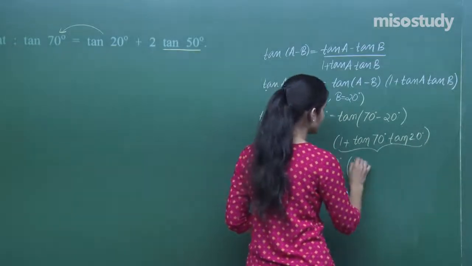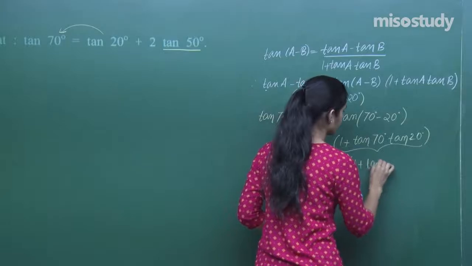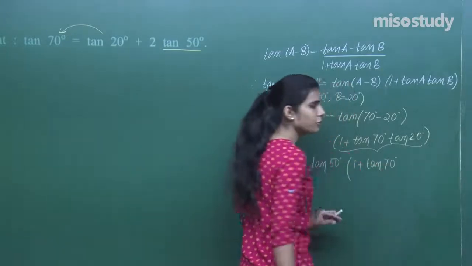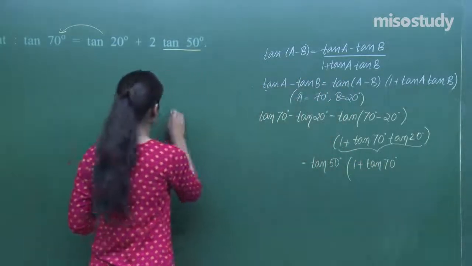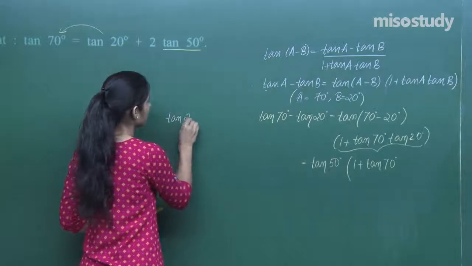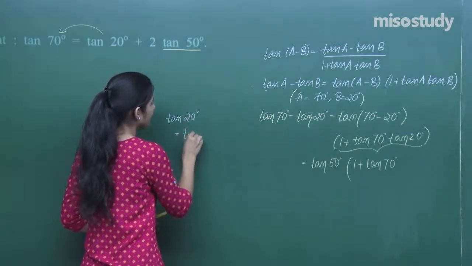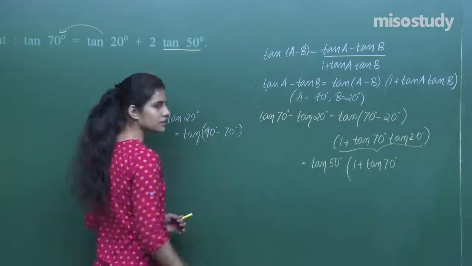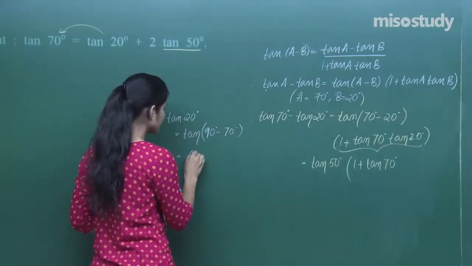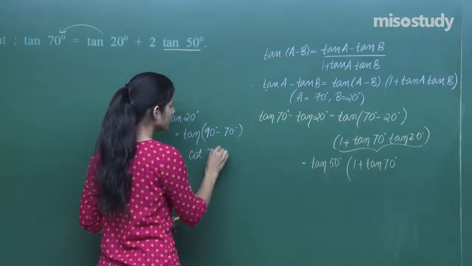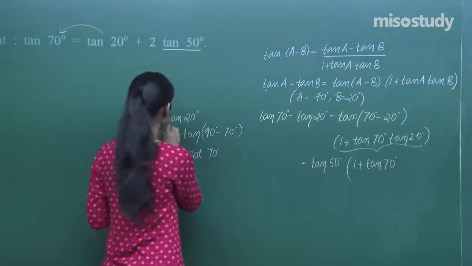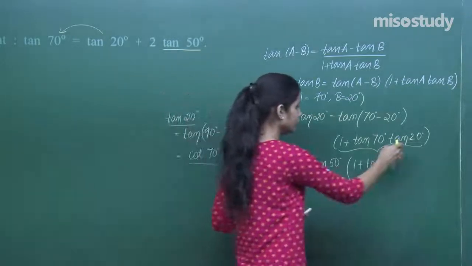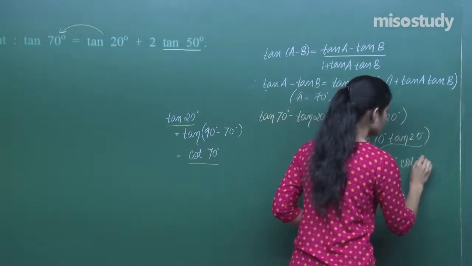How am I going to do that? Now, you know that tan 20 can be written as tan 90 minus 70. And tan 90 minus theta is cot theta. So I can write tan 20 equal to cot 70. Tan 20 is nothing but cot 70.